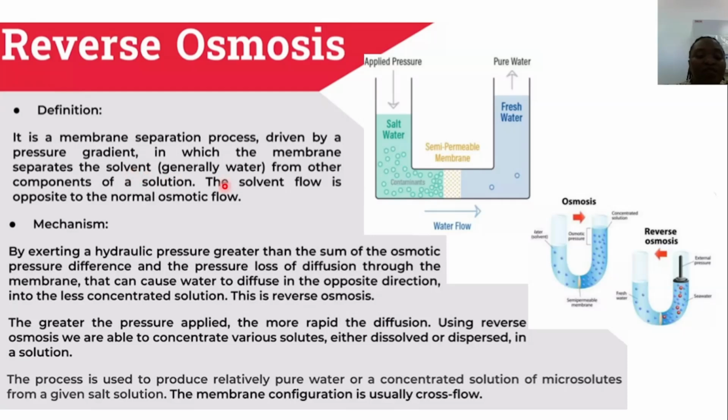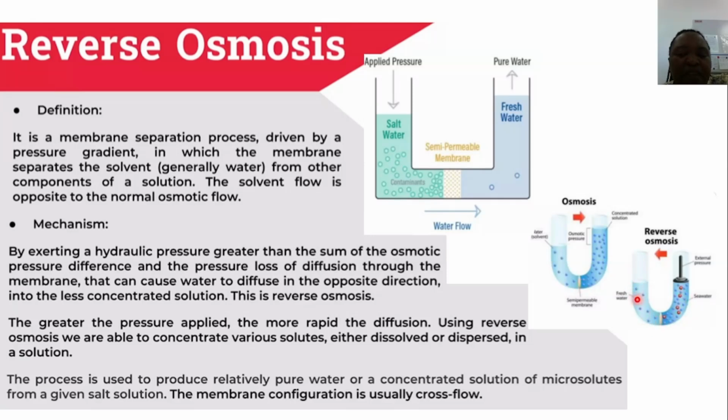The solvent flow is the opposite of the normal osmotic flow. Normal osmotic flow usually comes from a place where we have low concentration of the solute to high concentration of the solution, or where we have more water concentration to where we have less water concentration across the semi-permeable membrane. But in reverse osmosis, it's the other way around.